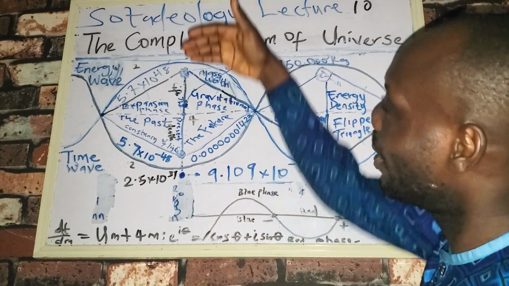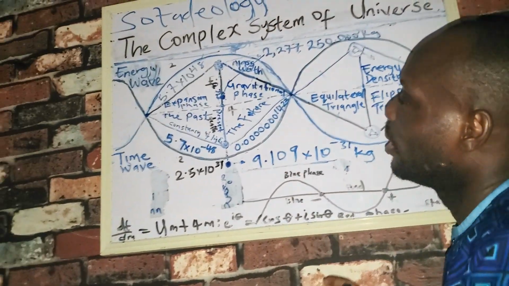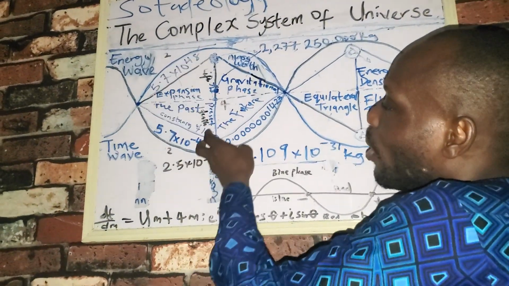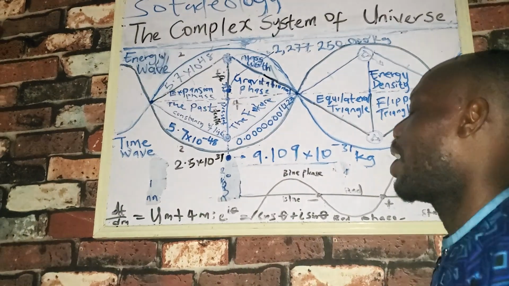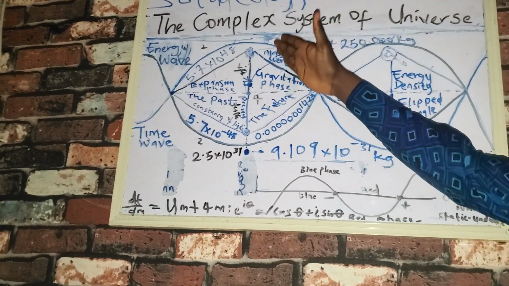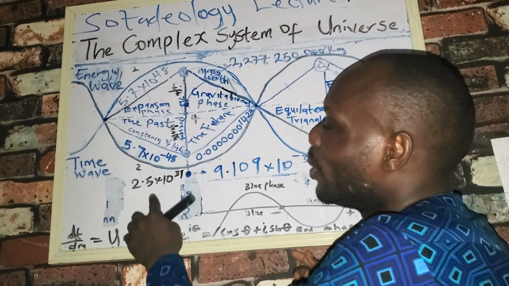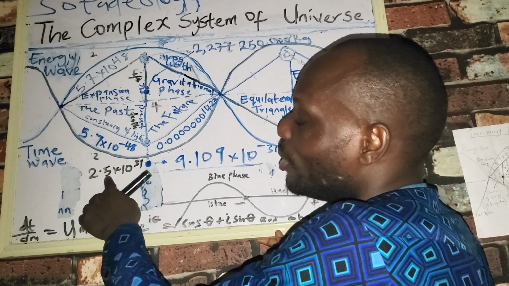So there you can see that the complex system at classical mechanics is different from the complex system at quantum mechanics.